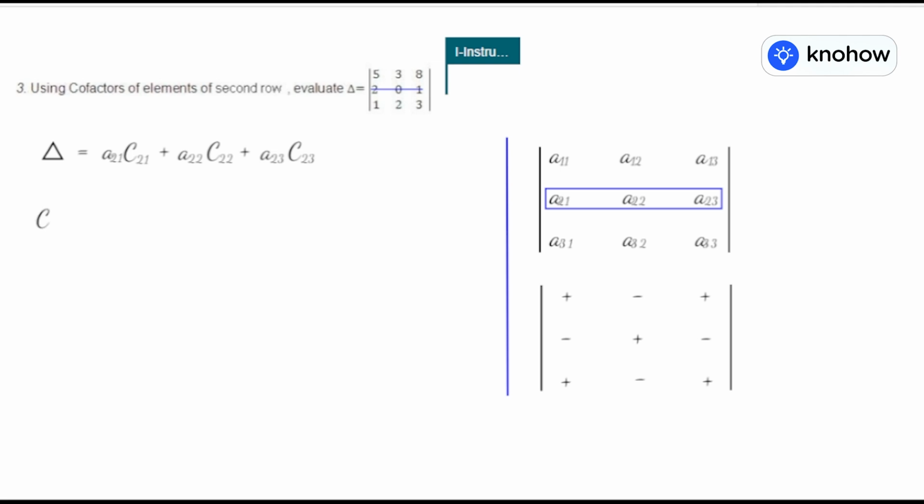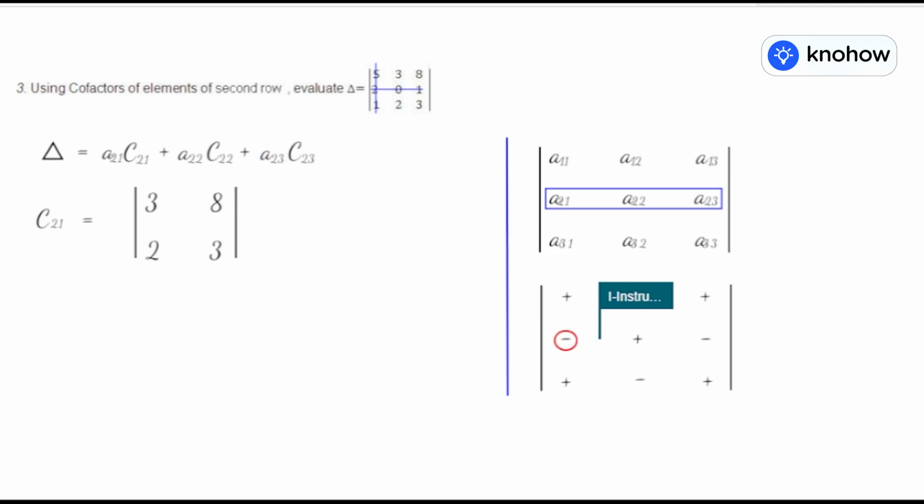For C21, you delete the row and column through this, that is 2. So you are left with 3, 8, 2, 3. And what about the sign? For this place 21, it will be negative times. So it is negative times, work out 3 into 3, 9 minus 16, which is minus 7. So minus and minus will make it plus. So you get 7. And then you work out C22. C22 will be positive times the corresponding minor.